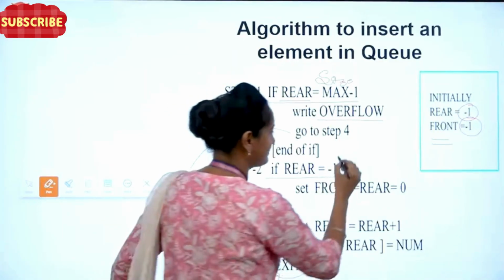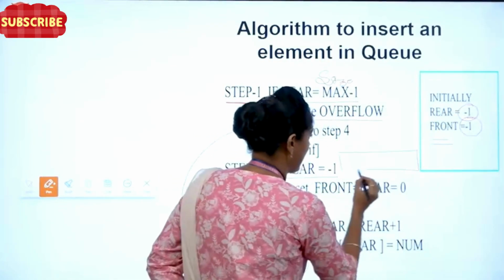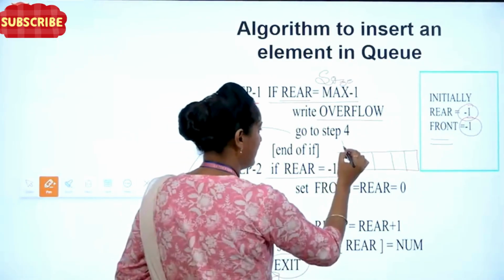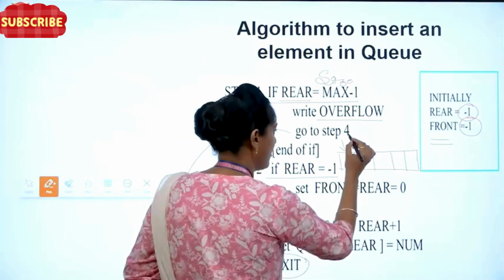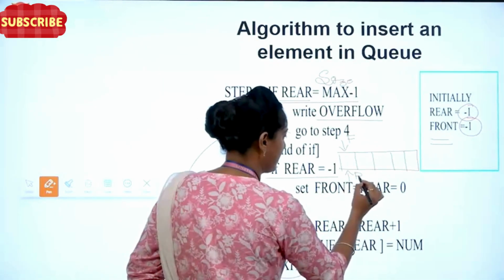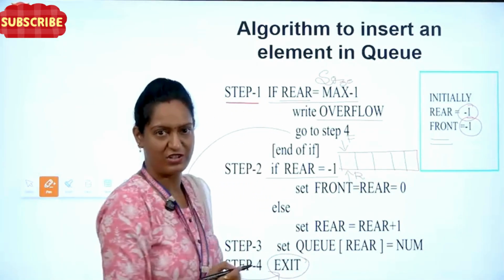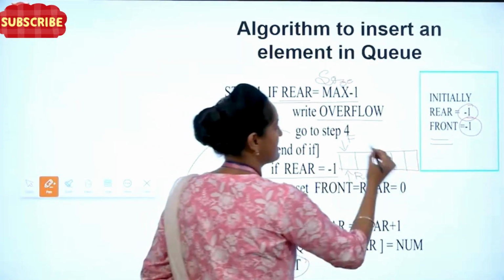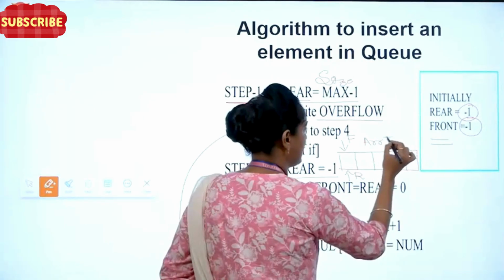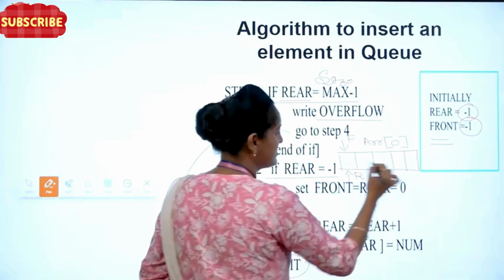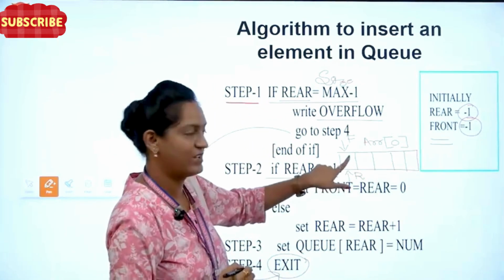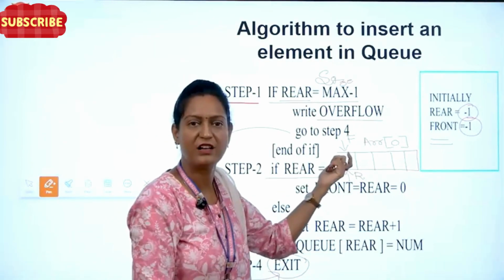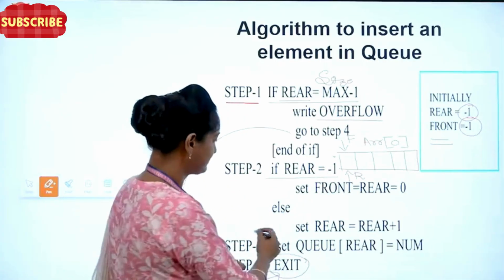That means here I have a queue and both my rear and my front are pointing to the same position. Which position? The 0th position of the array. So this is an array and they are both pointing to the 0th position. If they are both pointing to the 0th position, then we can enter the element into it, right?